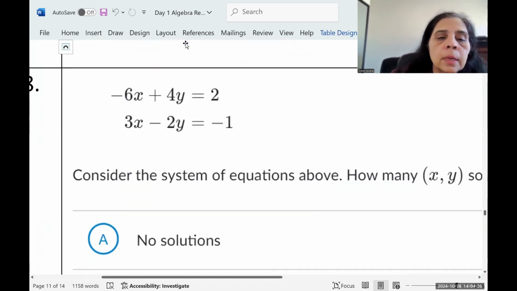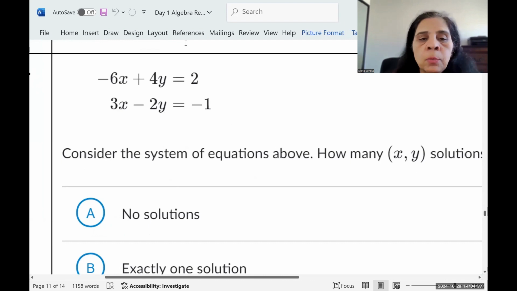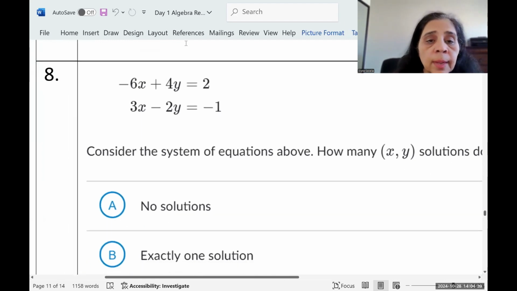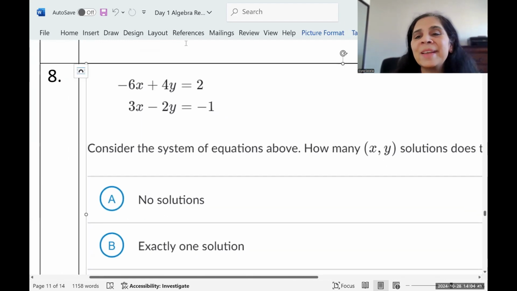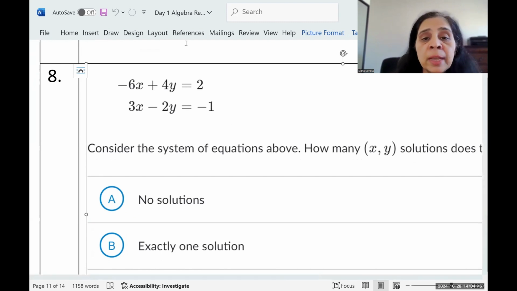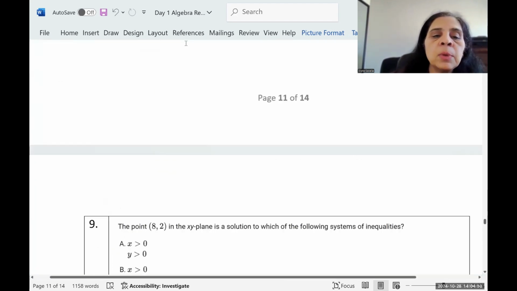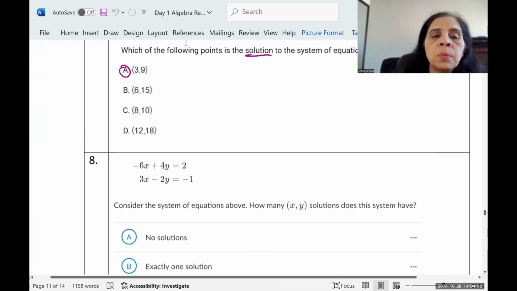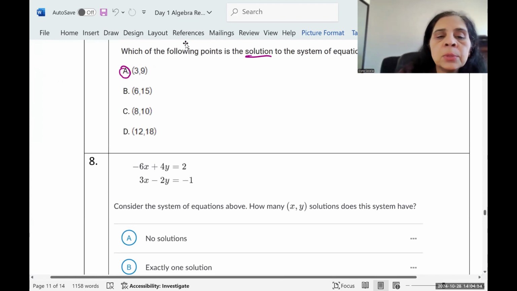All right. Next one, again we have system. I told you, remember this: one solution, no solution, or infinitely many solutions. When we have system, if you check the graph, how will it look like? Let me show you three graphs here, okay?